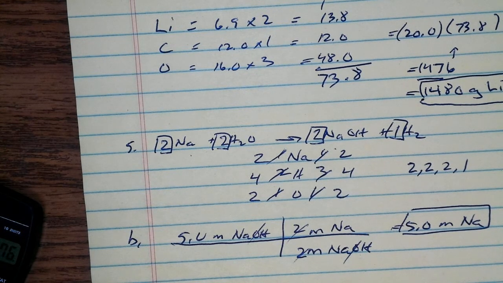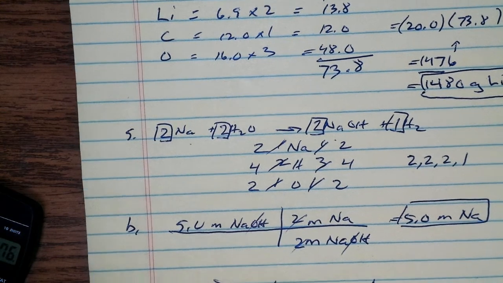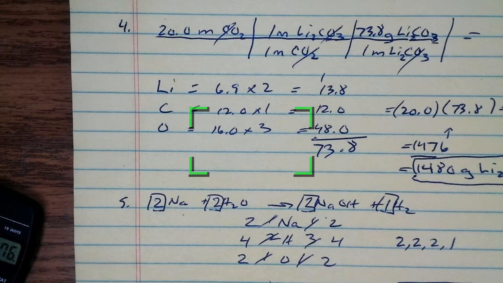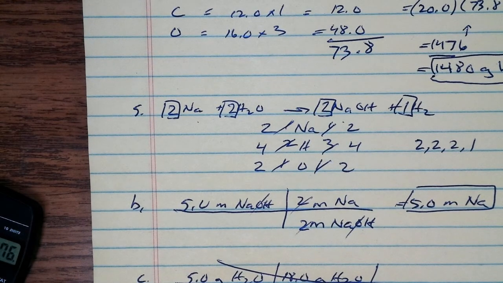Okay, so we're going to compare moles of water to moles of H2. By water, here we have the number 2 right there, and by H2 we have the number 1. So we've got a 2 here and a 1 there. So here, we've gone from mass A to moles A to moles B. Cancel your units.